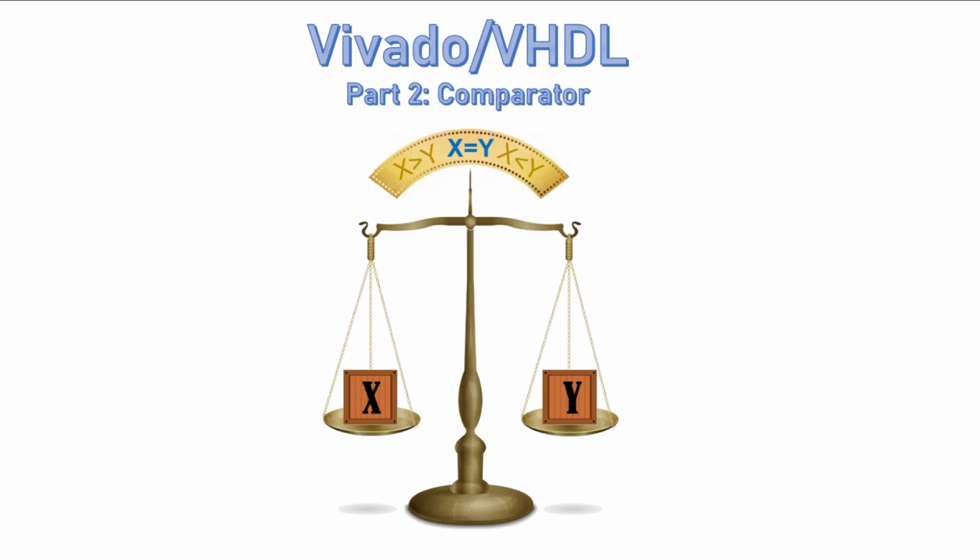Transistors are the tool that we use, and I've got a whole video on transistors if you want to know more about that, but they are the tool that we use to build logic gates.